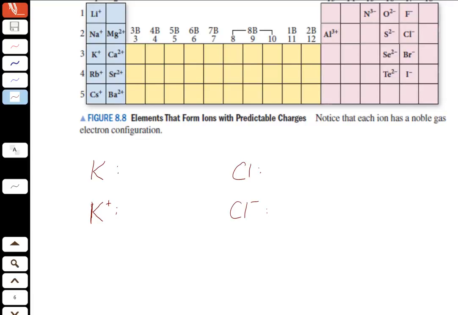Is everybody just tired? Let's talk about this. What's similar about the configurations of those two ions, potassium ion and chloride ion?